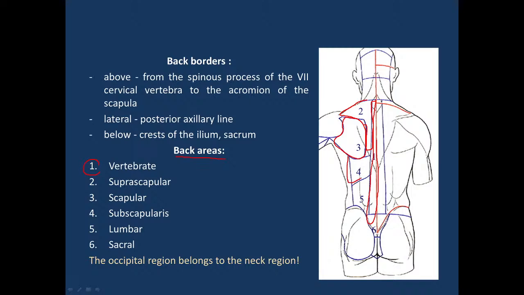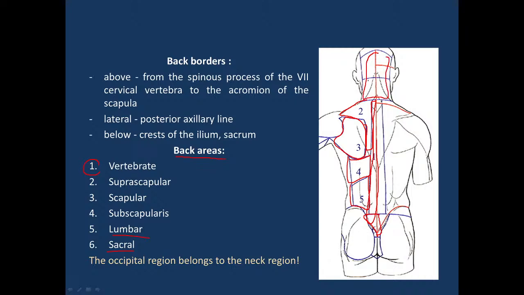Under the previous region, we could find the subscapular area, and between the sacrum and subscapular we could find the lumbar area, and the small area on the dorsal surface of the sacrum we call the sacral area or sacral region. I'd like to draw your attention to the fact that the occipital region is here.